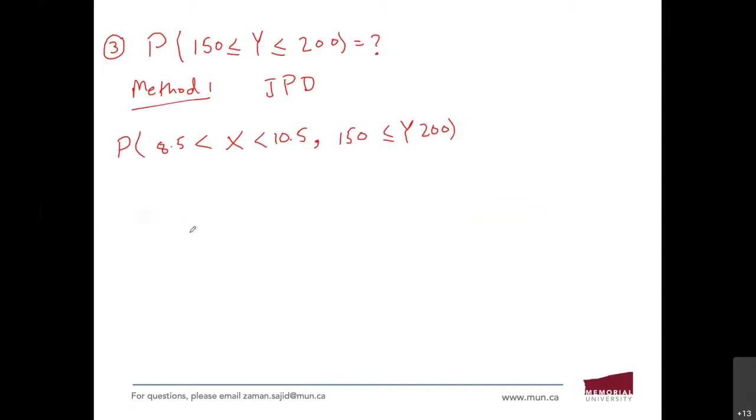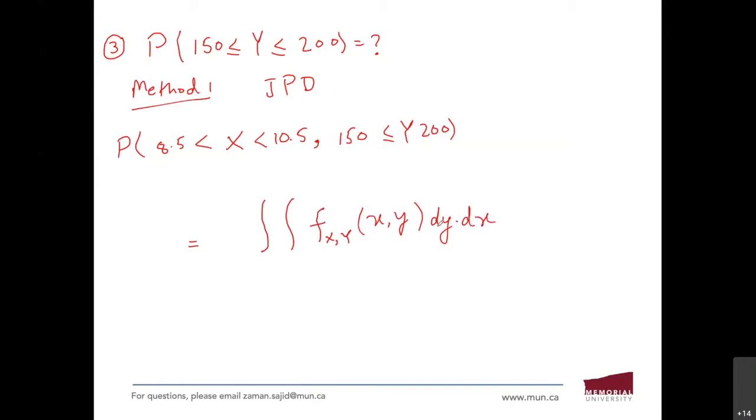Now we apply our formula here for the joint probability distribution, which was f of x, y for x and y, and we integrate it two times, dy and dx.